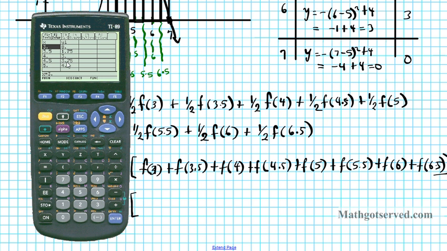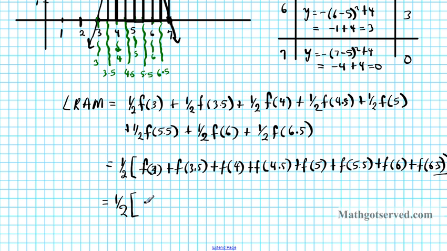So f of 3 is 0, plus f of 3.5 is 1.75, plus f of 4 is 3, plus f of 4.5 is 3.75, plus f of 5 is 4, f of 5.5 is 3.75, f of 6 is 3, f of 6.5 comes down to 1.75.